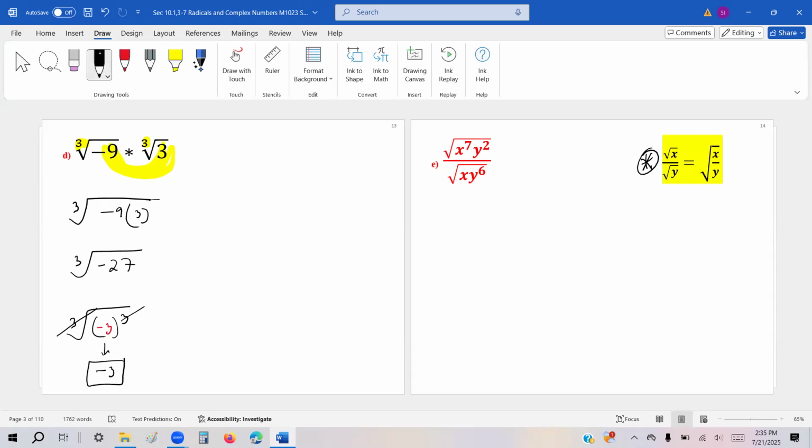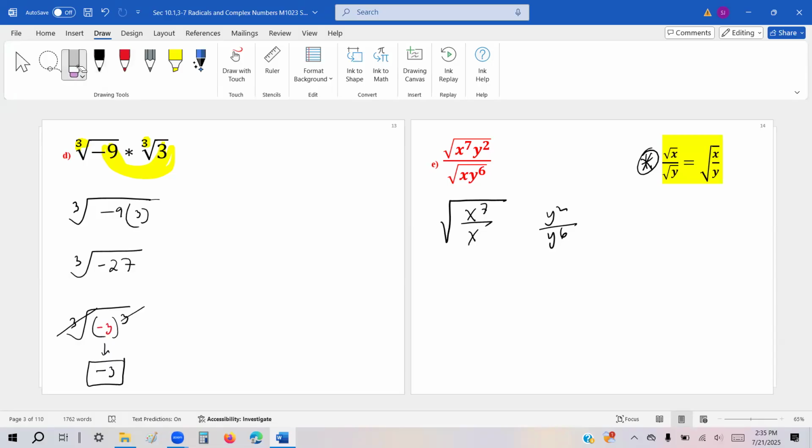See the hint I gave you? If you have the same radical division, you can combine them. So we have square root of x to the 7 divided by x, square root of y squared, and y to the 6. Or you don't even have to write twice.